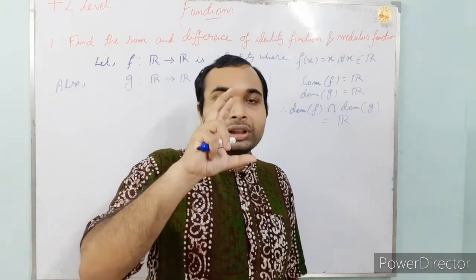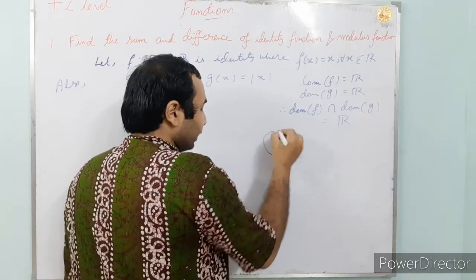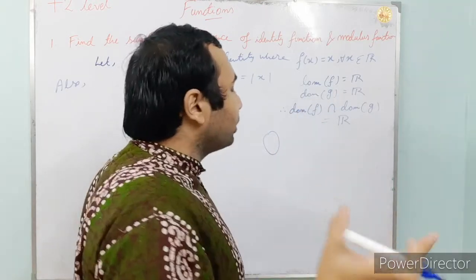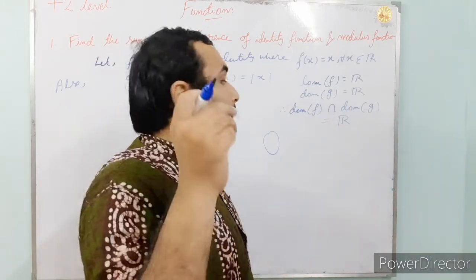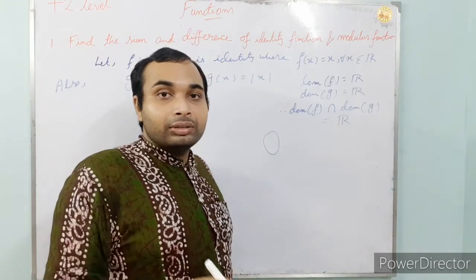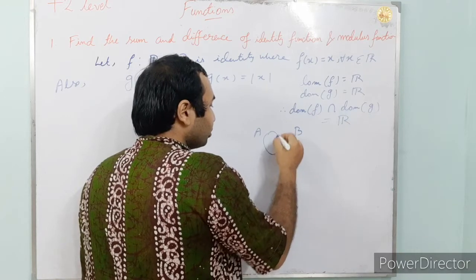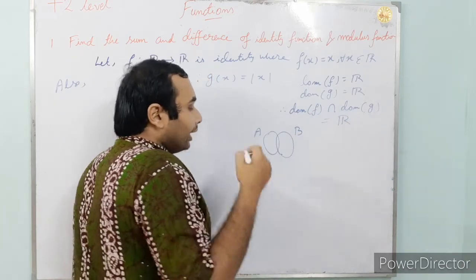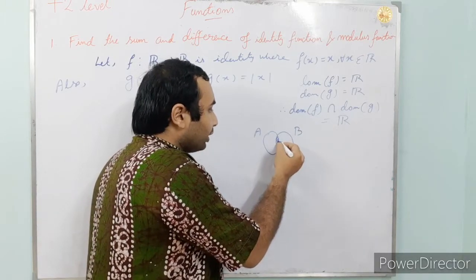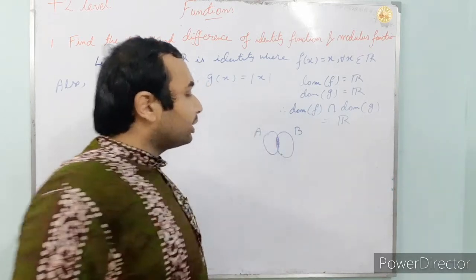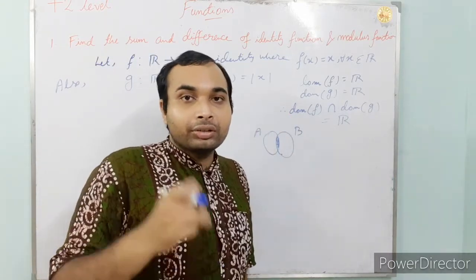Here both are R, so it will be defined on R. But if there were other sets, suppose one set is A and another set is B, then for f plus g or f minus g, if we define the function on this common region, then obviously we will be able to do the operations.